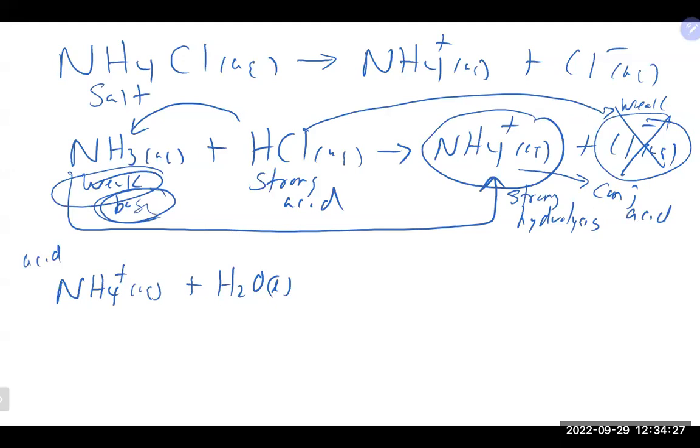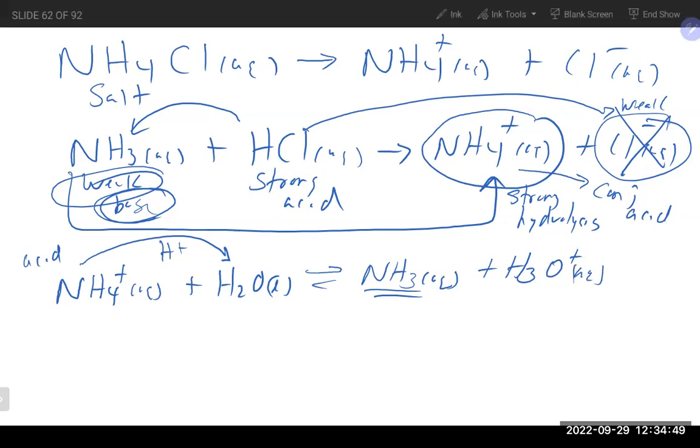And the definition of an acid is it's going to donate, in this case, an H+ over to the water. When it donates the H+ over to the water, we get NH3, which is where it came from. Again, you always get where it comes from in this reaction. And you will produce H3O+.